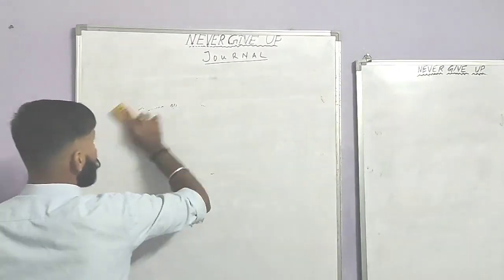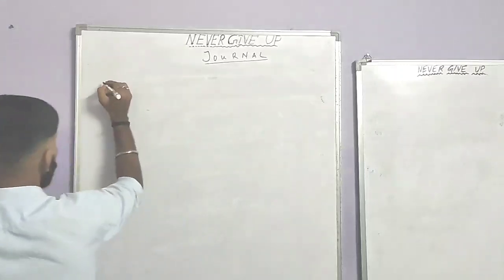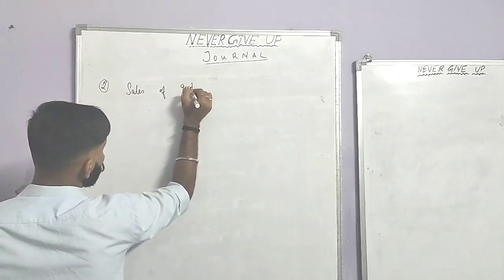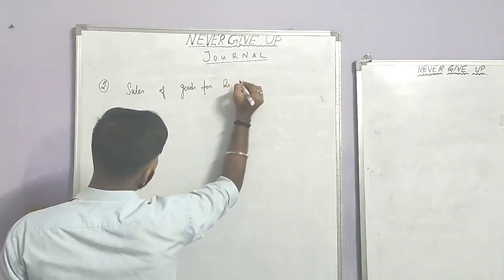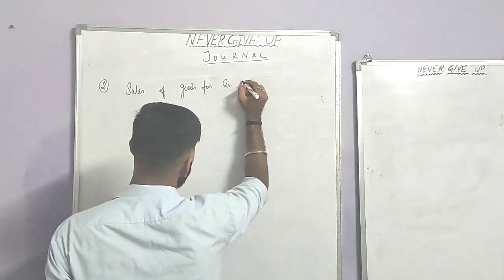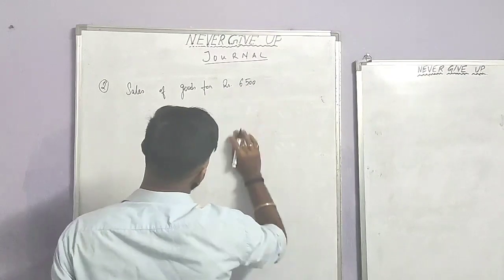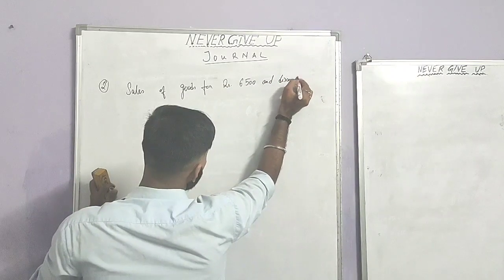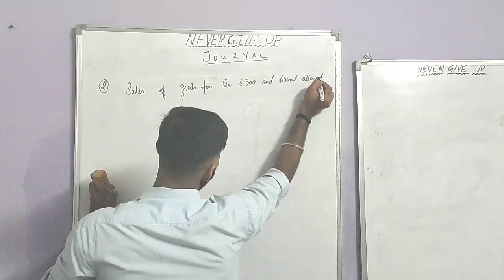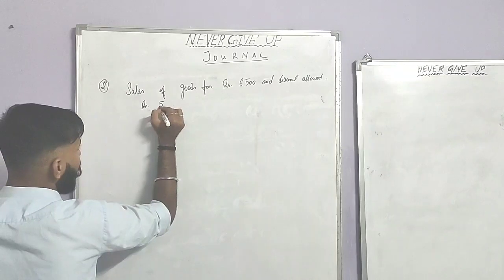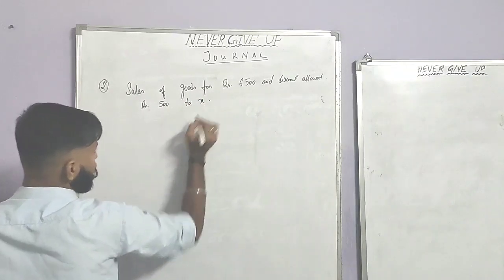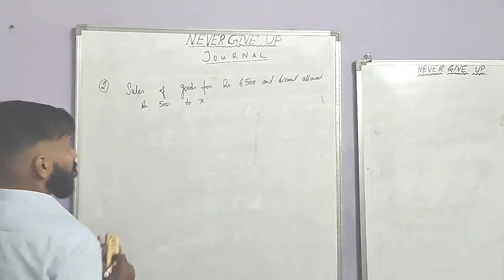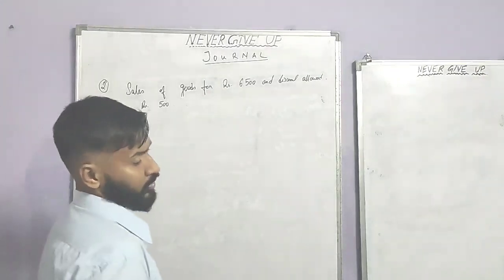Next transaction is, say suppose, sale of goods for rupees 6,500 and discount allowed rupees 500 to X. To X is not required.